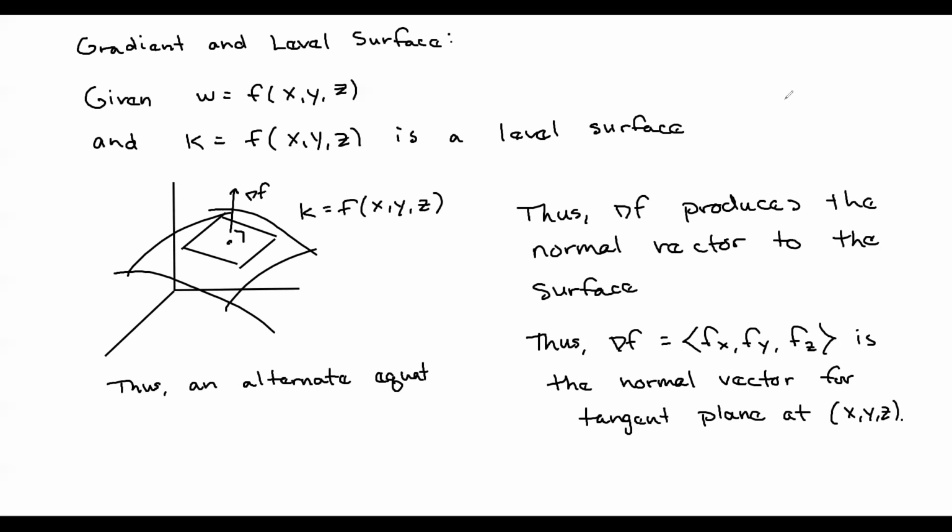Actually, let's hold on. Not x, y, z. Let's put x naught, y naught, z naught. Usually, if you just use x, y, z, it's implied that those are generic, where we mean a specific point. So the gradient is the normal vector for the tangent plane at a specific point, x naught, y naught, z naught. So that's an alternate equation for the tangent plane.